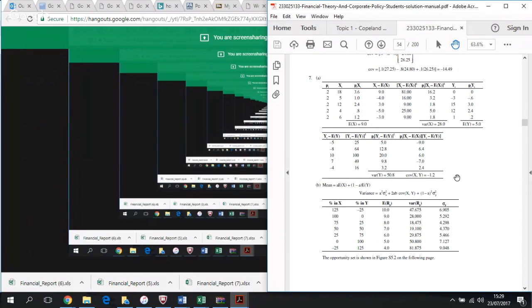Hold on, that's not making sense to me. Suppose X and Y represent the returns from two assets. Calculate the mean and variance for the following portfolios. Yeah, I don't even know what these numbers are.